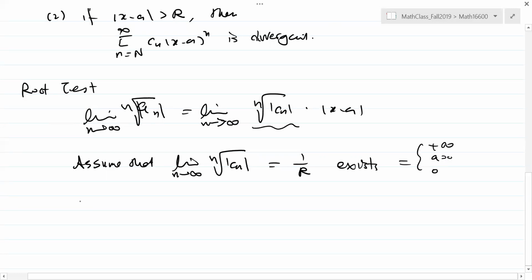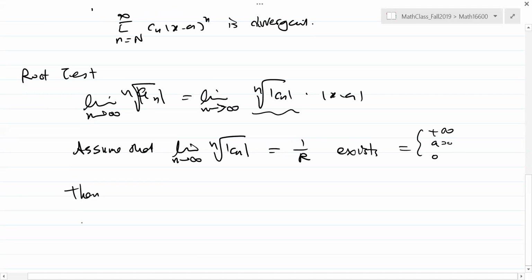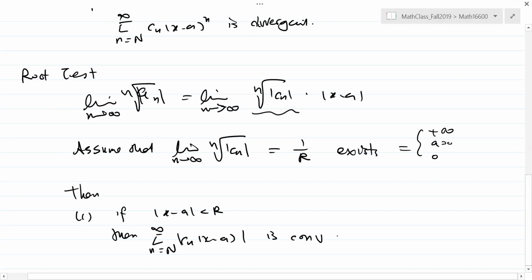Then you can use the same idea, the root test, to conclude that if absolute value of x minus a is less than r, then the series is absolutely convergent. Otherwise, it's divergent.